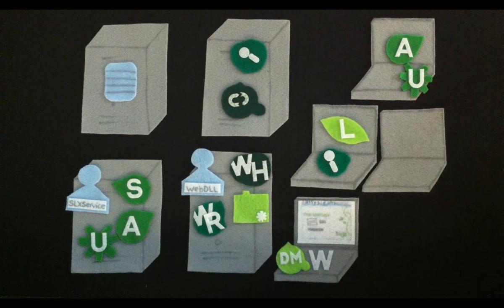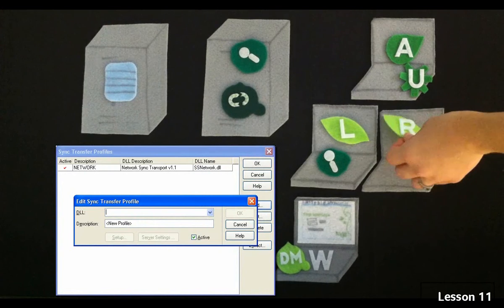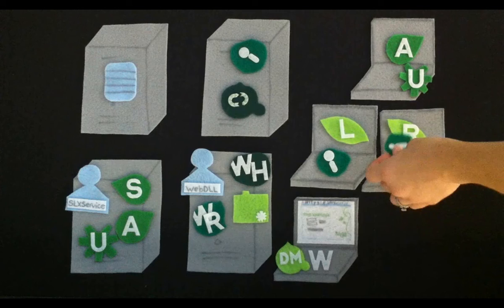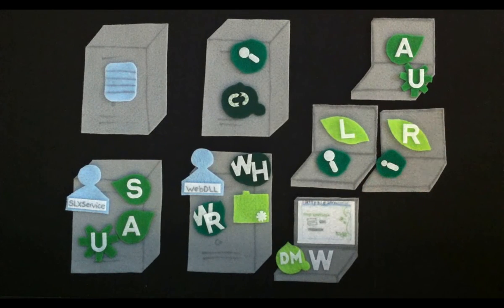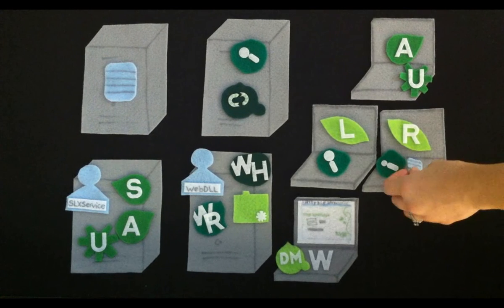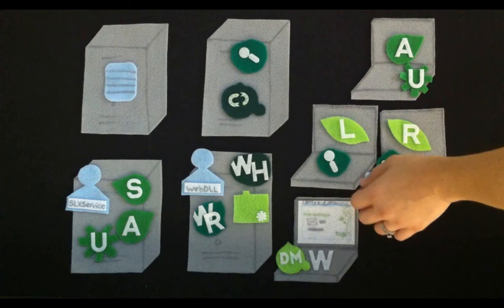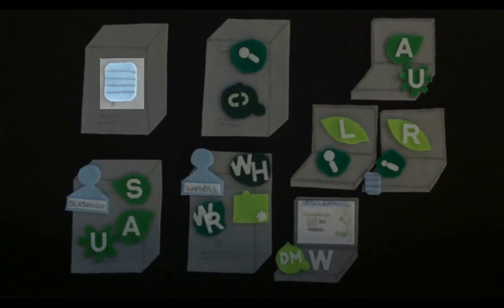Once we have the sync server working, then we set up a sync transfer profile so that we can assign it to a remote user in Lesson 11. And at that point, we install the remote client for the salesperson. Now the remote client looks exactly like the LAN client, even has speed search client, but it also has its own database attached so that this person can access SalesLogix data when they're not connected to the network. The database is a subset of the main office database.